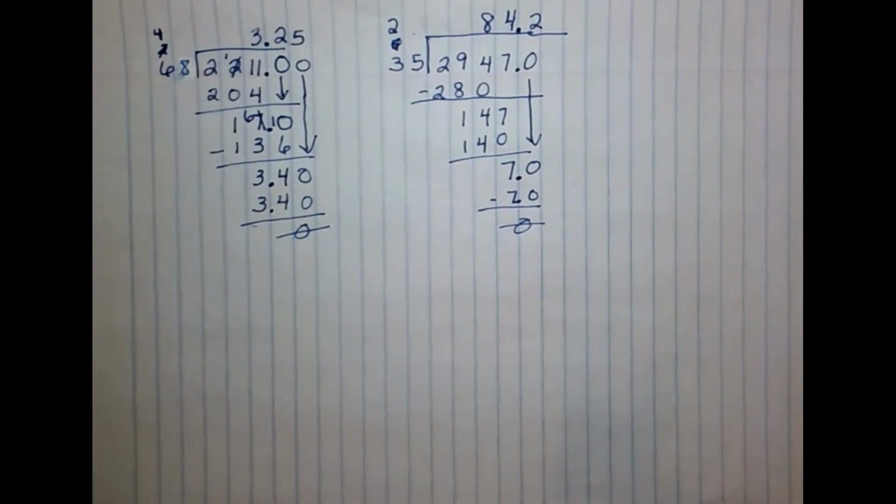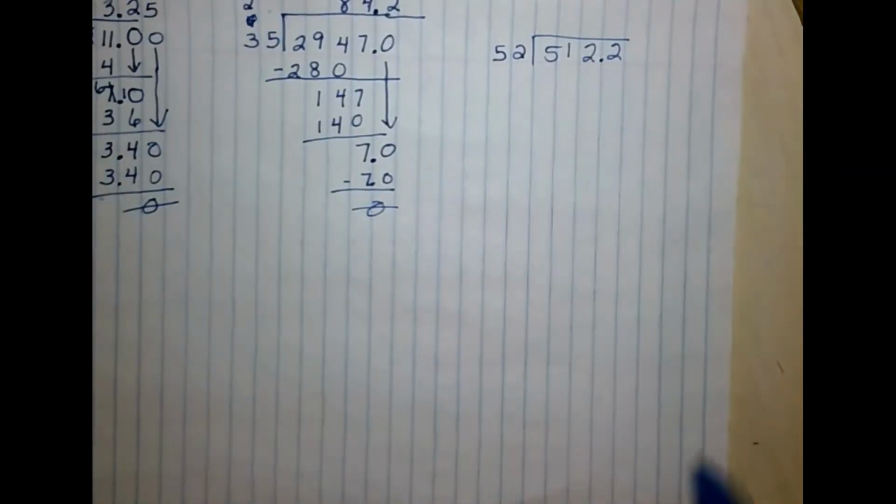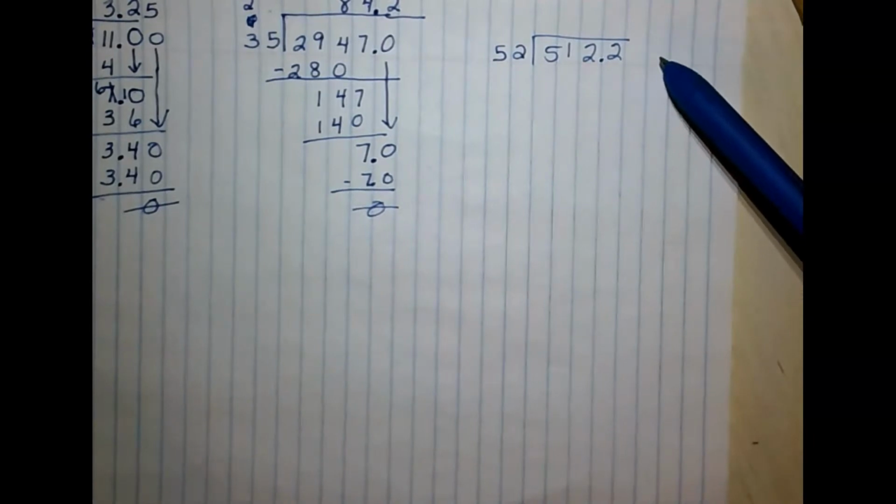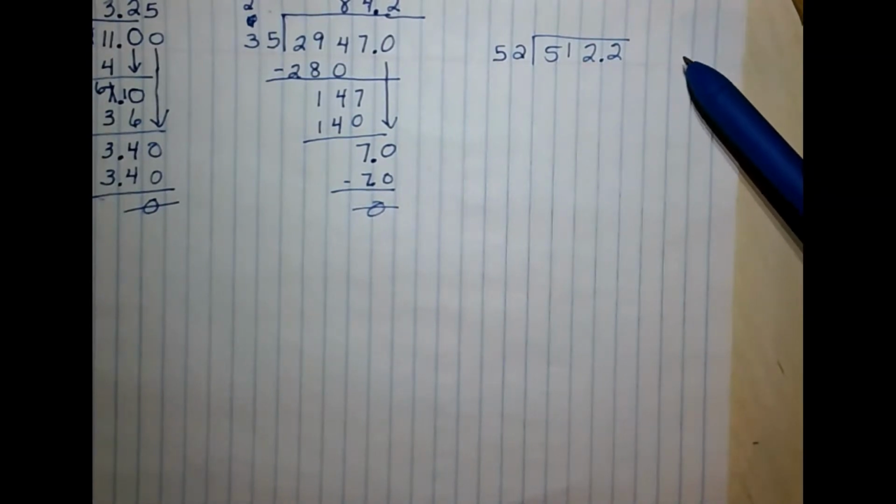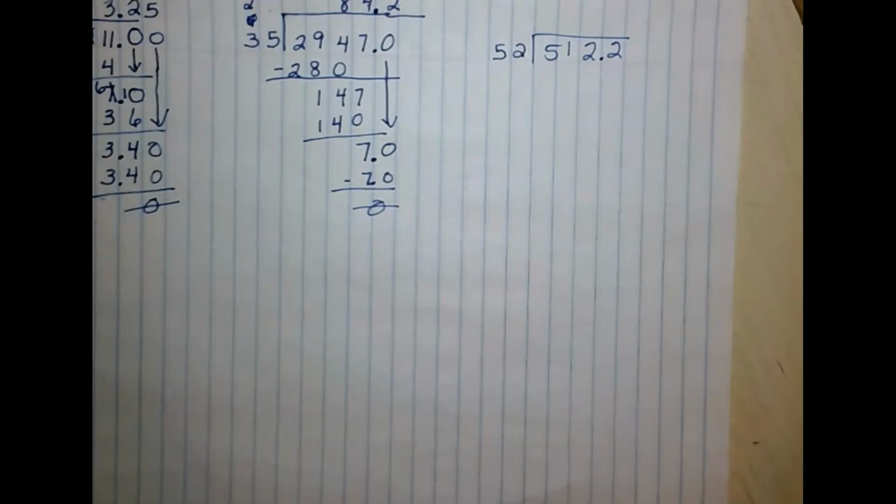Let's try some more where the decimal is already there. Just as before, we still continue to add a 0 if we need to be able to continue to divide until we have our answer. Stop and come back when you are ready to check.